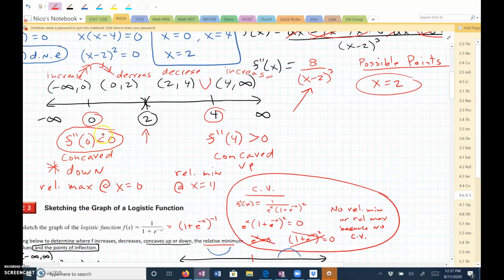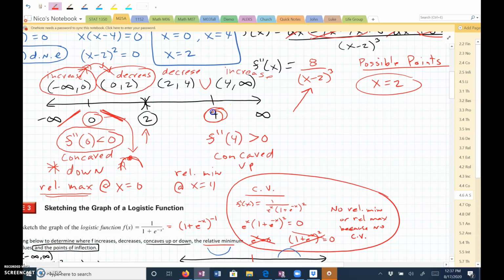Since this is concave down at that point, right, concave down like this, then this point here, which is x equals 0, has to be a relative max. Also, since it's concave down, this part must be increasing. So this part of the interval is increasing. This part must be decreasing. Hopefully that makes sense.